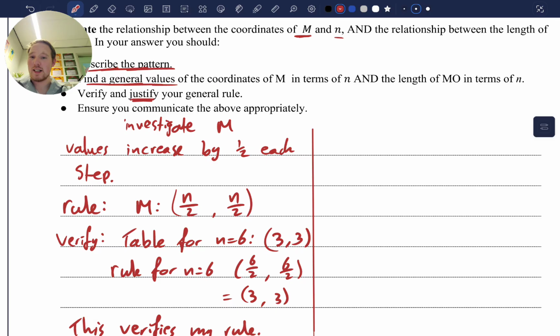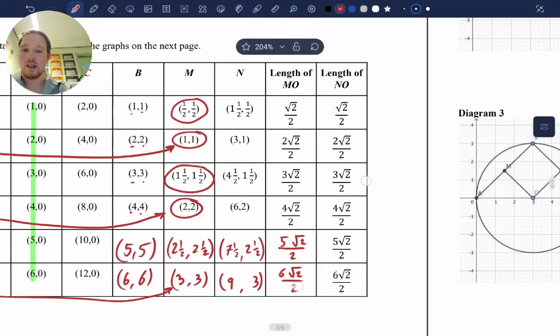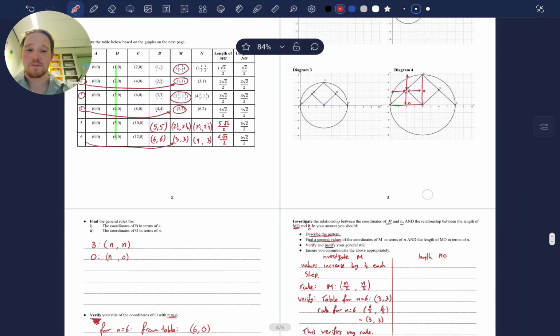So next, let's investigate the length of MO. What do we notice if we look back at our table of values? The length of MO starts at 1 root 2 over 2, 2 root 2 over 2, 3 root 2 over 2, 4 root 2 over 2. So actually we increase it by another root 2 over 2 every step.